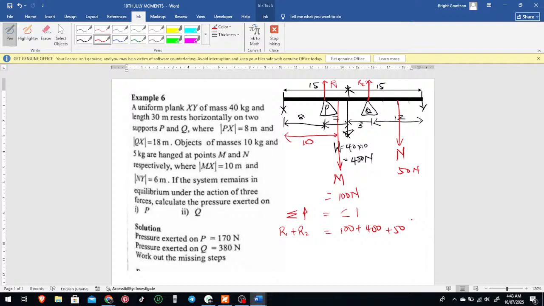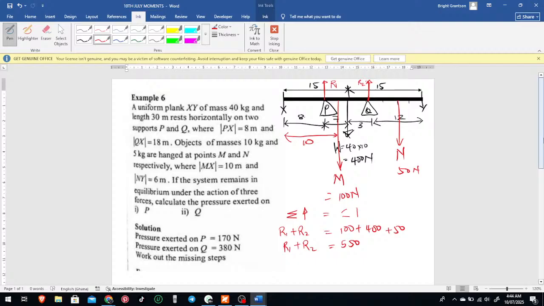I said you did it this way. Yes, please. But they are saying if the system remains in equilibrium under the action of three forces, you have a point though. Let's just play the devil's advocate as if you don't know that part, right? Okay. So this gives us 550, right? Yes.